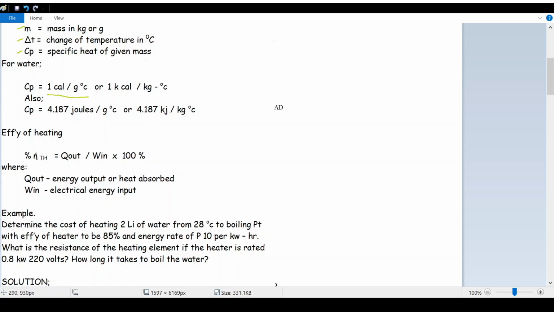This means that a 1 degree Celsius increase in temperature for 1 gram of water needs 1 calorie of energy, or it can also be expressed in terms of kilocalorie if mass is in kilograms.